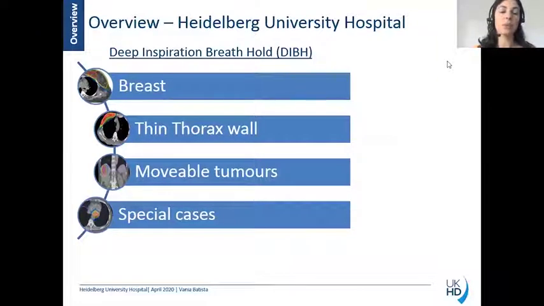Also for cases with a very thin thorax wall, some liver and lung tumors where you want to do deep inspiration breath hold to save some dose to the healthy tissues, and some special cases such as heart irradiation, for example.